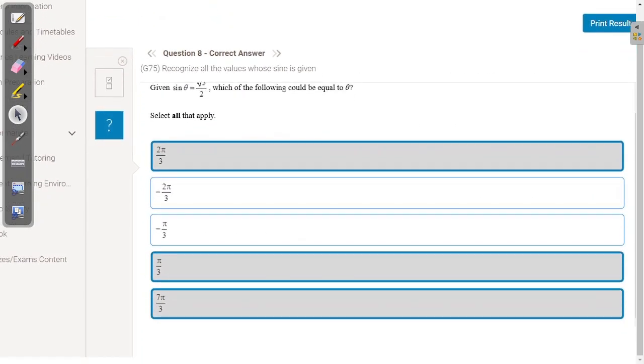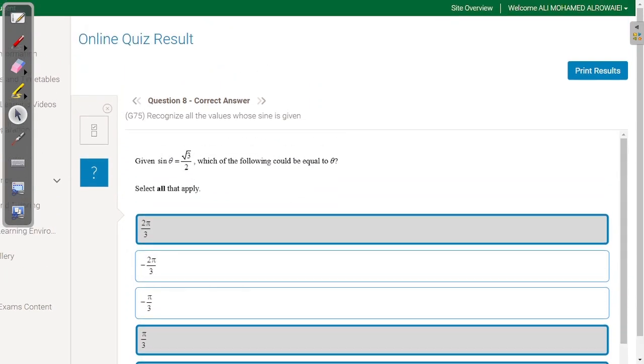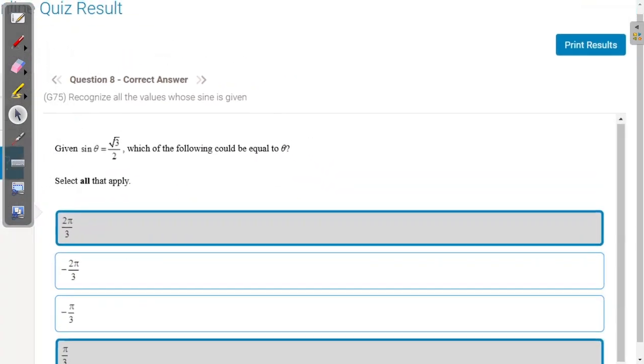Okay, for this one, again, no calculators allowed, so you have to memorize the thing.